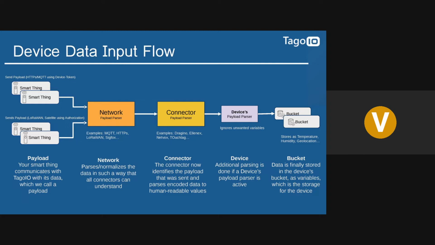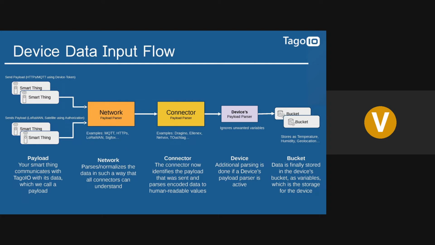So the next thing on the data input flow is the device's payload parser, and the device payload parser is very unique to that specific device. If you want to perform some kind of operation on the data that is being stored, and it will not apply to multiple devices. So if you create a payload parser in the device step, it means if later on you want to add a new device, you need to copy the payload parser and paste it to that device.